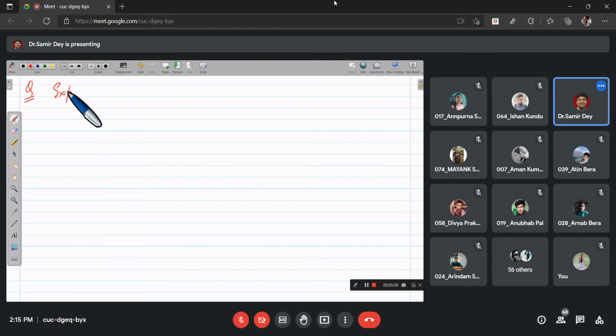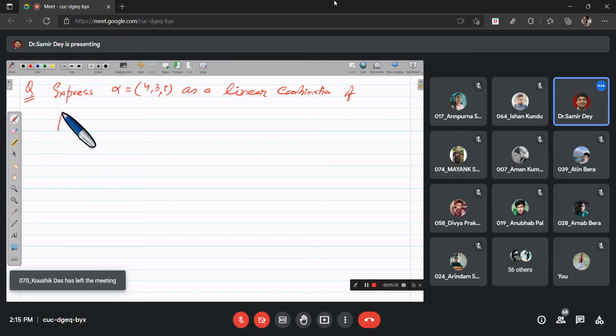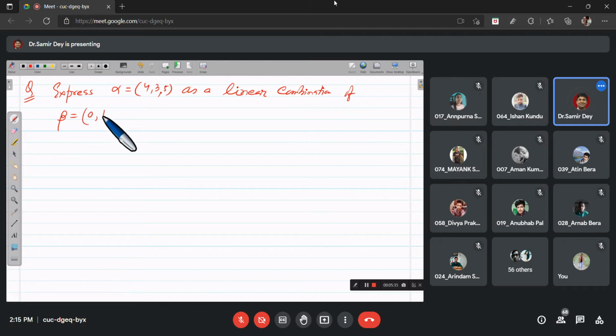Express alpha equals 4, 3, 5 as a linear combination of beta equals 0, 1, 3 and gamma equals 2, 1, 1.